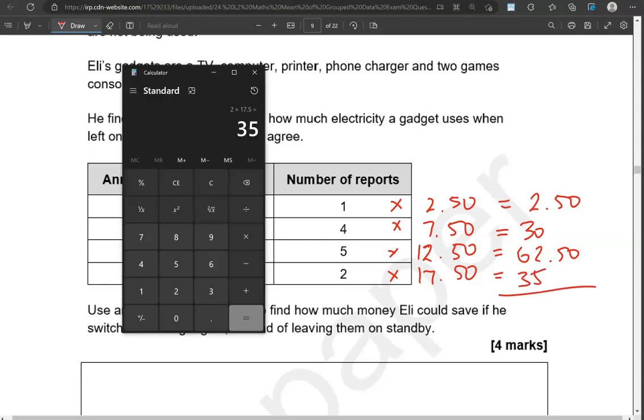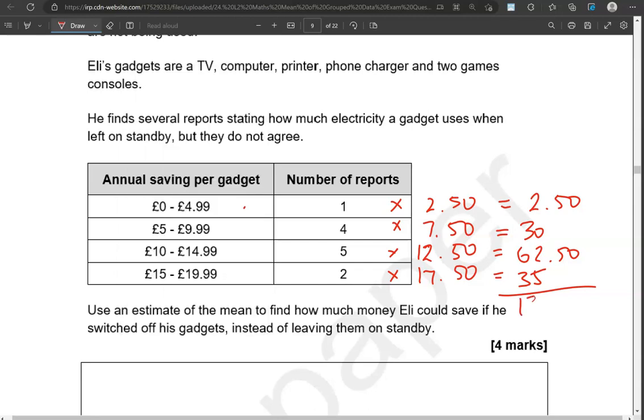Working out the total, we do £2.50 add 30, add £62.50, add £35 gives us 130. Dividing it by frequency, which in this case is the number of reports.